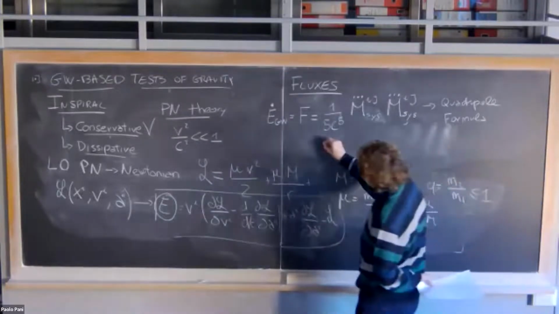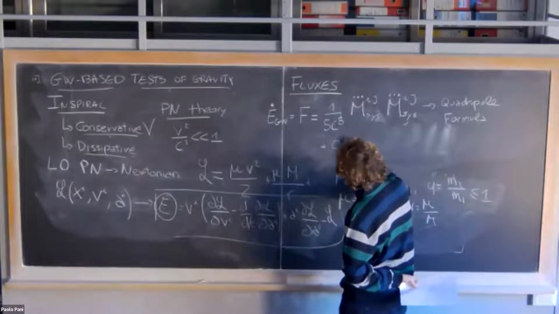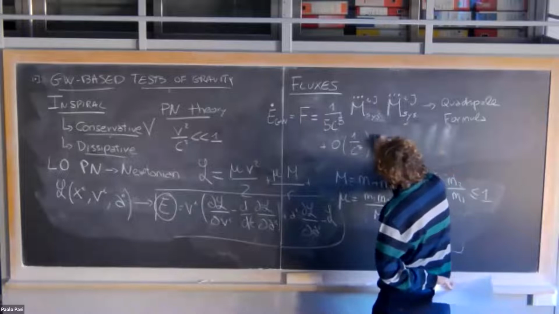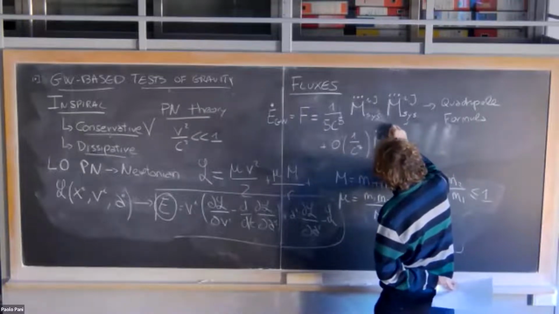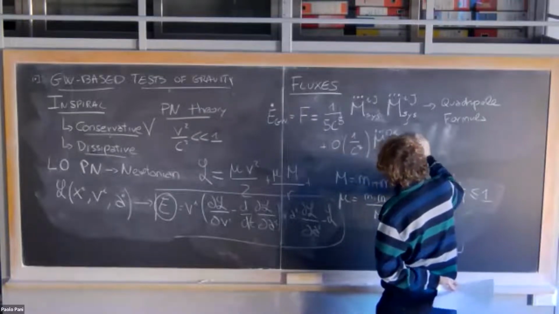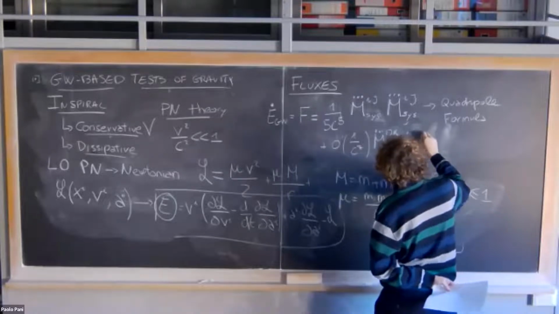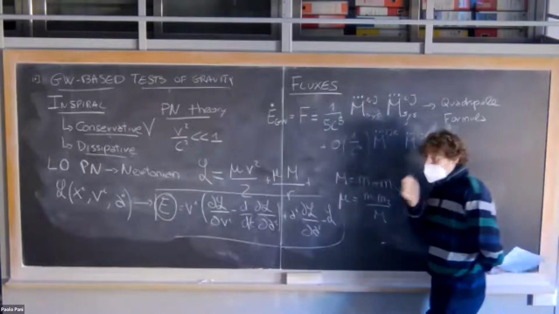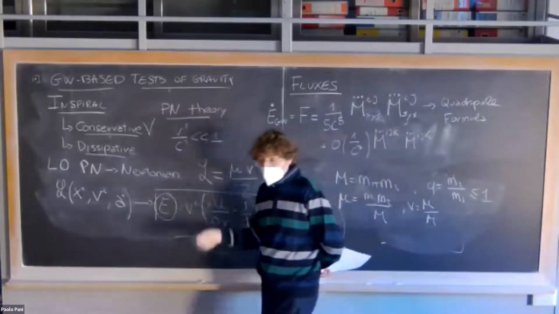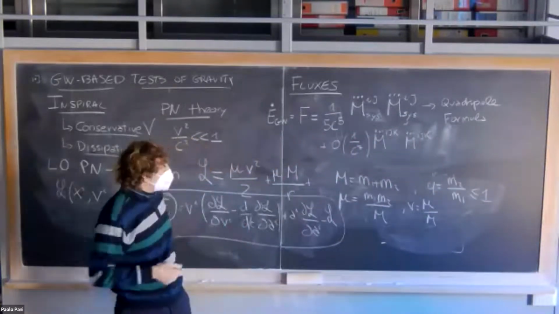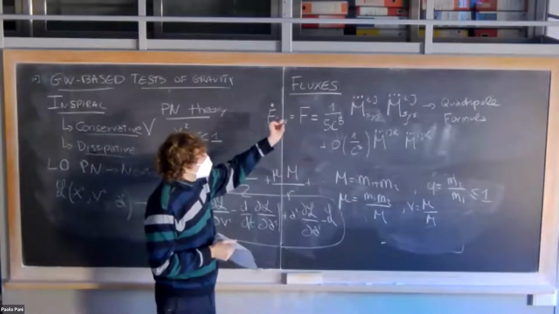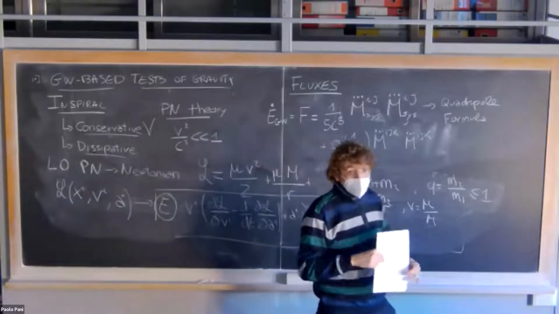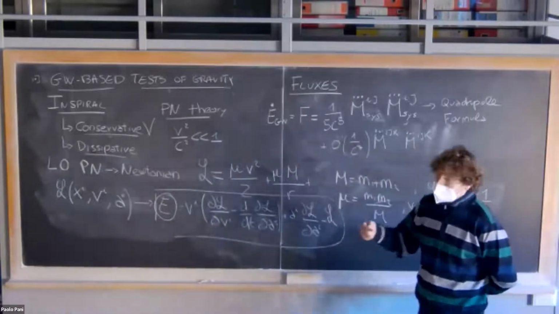And of course, there are also corrections, for example, order 1/c to the 7, which depends on the contraction of the third derivative of the octupole moment, and so on and so forth. So one can consider all possible contributions to the fluxes to any post-Newtonian order coming from all possible multipole moments of the system.